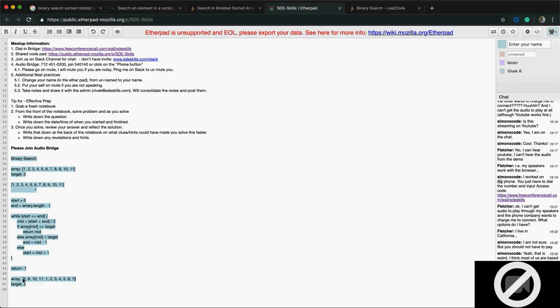We take the starting element, the 1, first and put it at the end, then we take the 2 from the beginning and put it at the end. So we have rotated the array. Can we still apply binary search to it? Yes, or maybe not? If yes, how, and if not, what should be the possible solution?